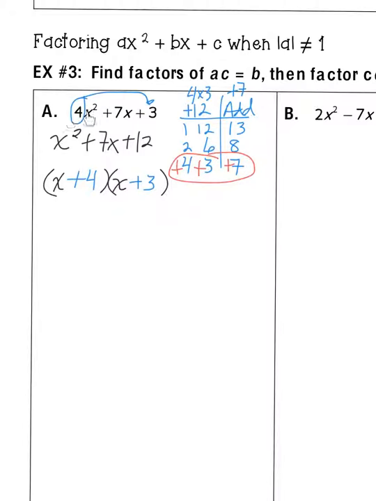We have to go back and reverse out multiplying by this 4. So I'm going to reverse it out by dividing by 4 and dividing by 4. And so I get x plus 1, because 4 divided by 4 is 1. But here, 3 is not divisible by 4, so it pops up. And I get 4x plus 3.